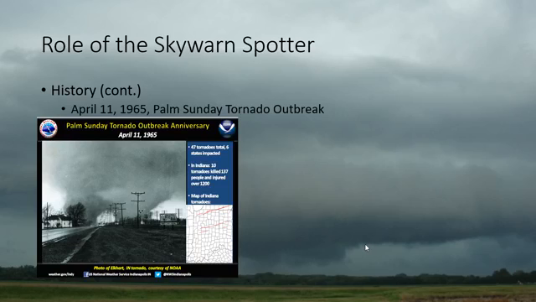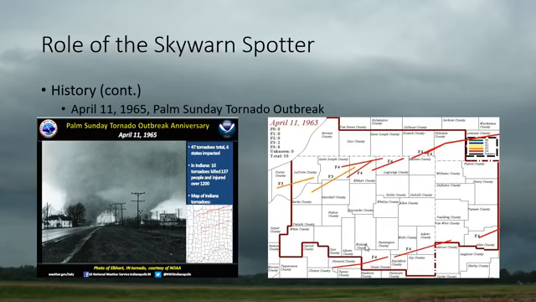In Indiana alone, there were 10 tornadoes, killed 137 people, and injured 1,200. As you can see with the map there, they were EF3 or above. With the spotters' help, they were able to put out a longer warning, more of a heads up, because the deaths would have been highly substantial at that point.